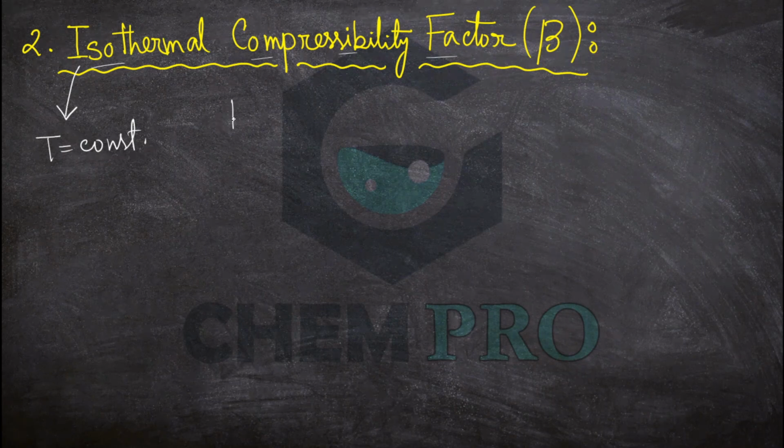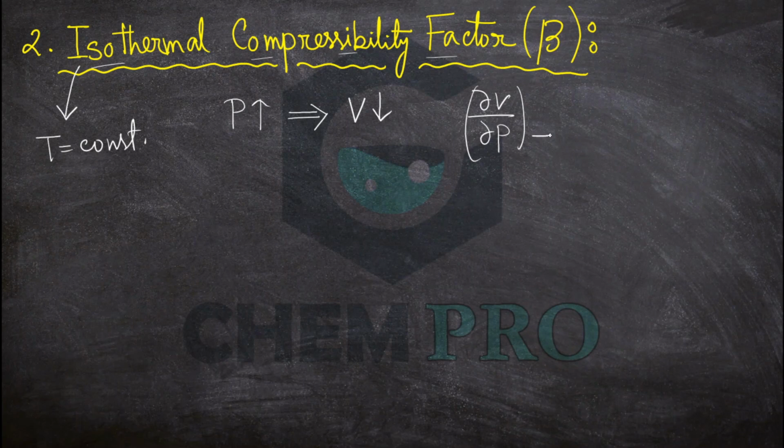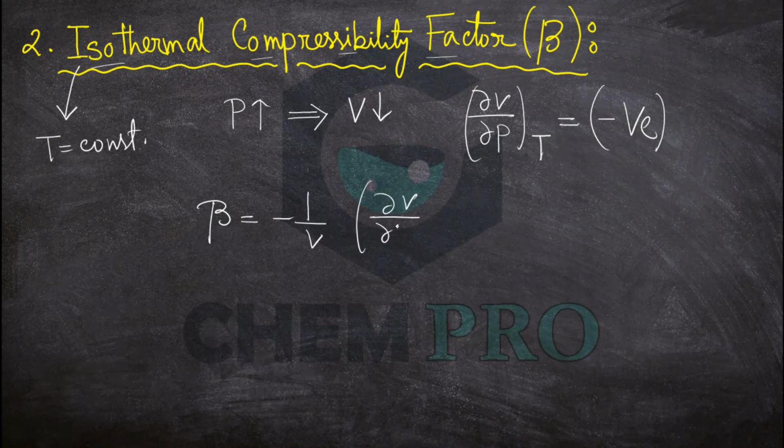If we increase the pressure, it will result in a decrease in the volume. So the coefficient del V by del P, at constant temperature, will be negative here. The formula of beta will be beta equals minus 1 by V into del V by del P at constant T.